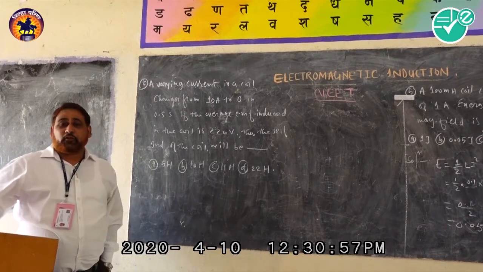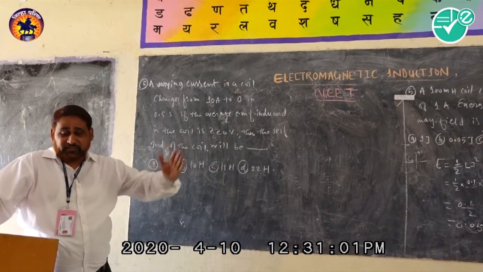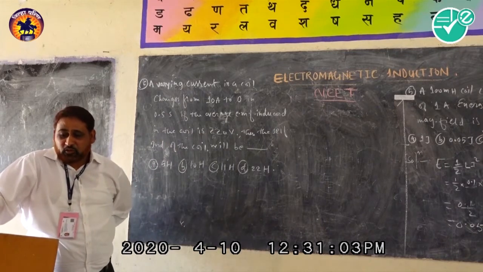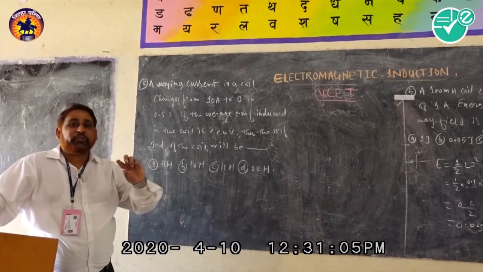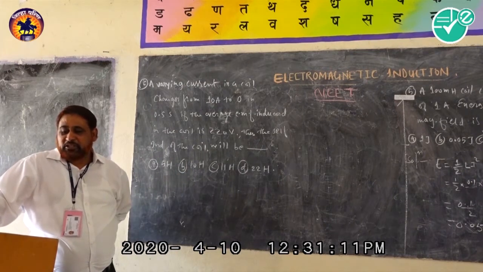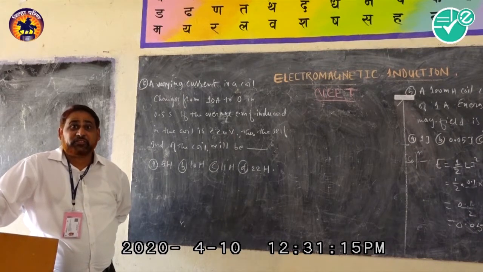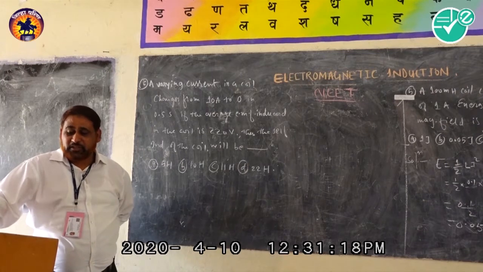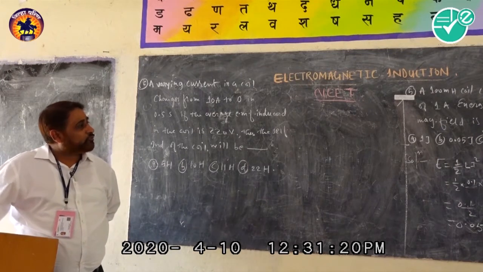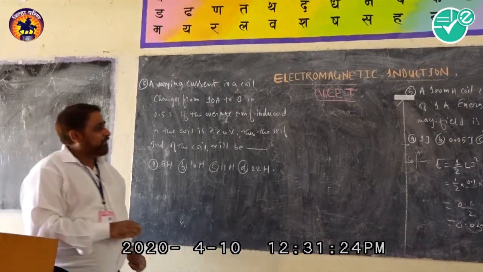The question: the varying current in a coil changes from 10 ampere to 0 in 0.5 seconds. If the average EMF induced in the coil is 220 volts, then the self-inductance will be dash dash. So again we have to use the same formula, E is equal to L into di by dt.